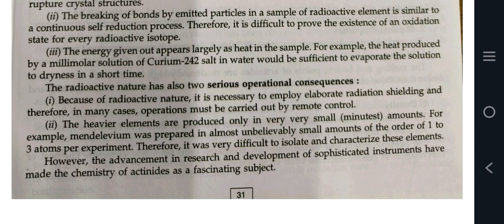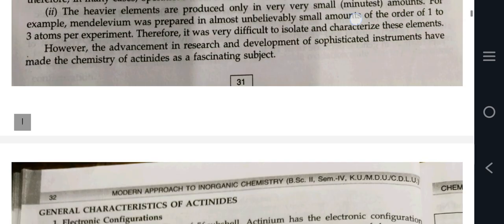For example, mendelevium was prepared in almost unbelievably small amounts, of the order of 1 to 3 atoms per experiment. Therefore, it was very difficult to isolate and characterize these elements. However, the advancement in research and development of sophisticated instruments has made the chemistry of actinoids a fantastic subject.